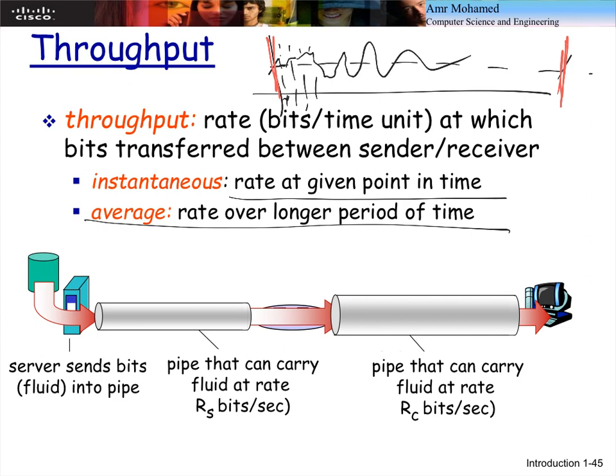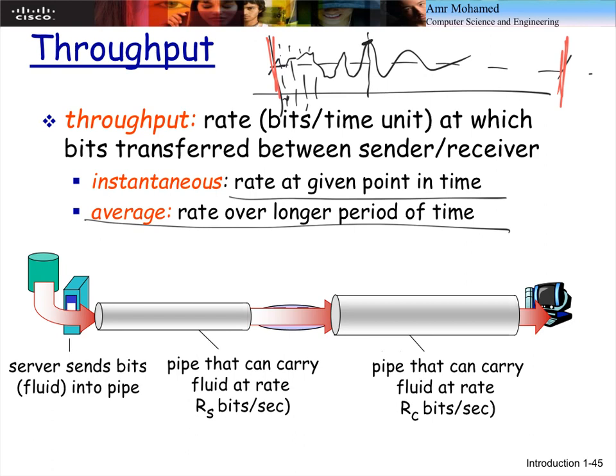So does instantaneous mean the peak? No, instantaneous is different from the peak. This is the peak. At this time, this is the instantaneous rate. The peak means that during this entire window, what is the maximum throughput?